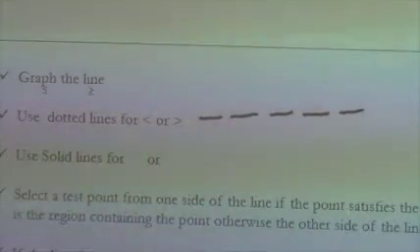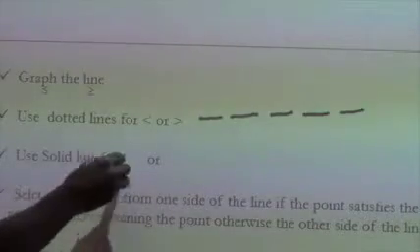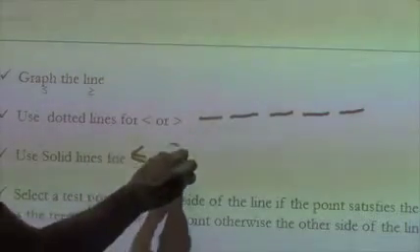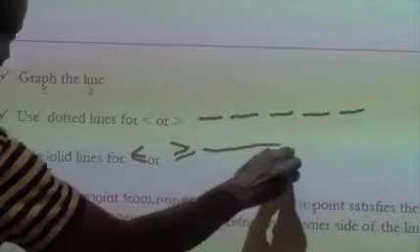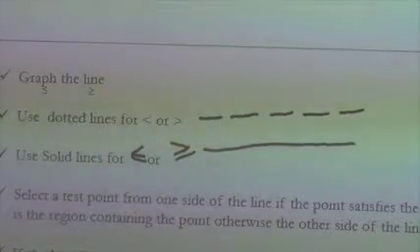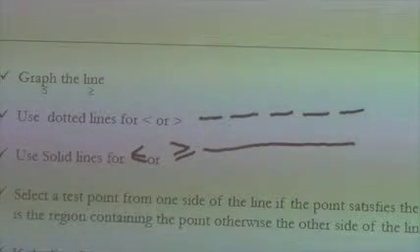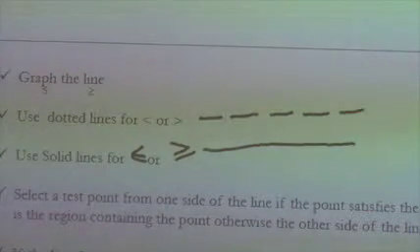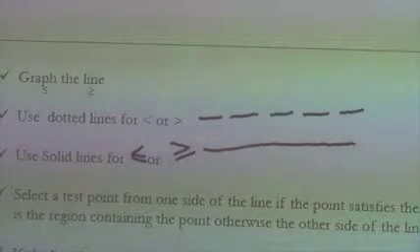We're going to have a solid line whenever we have less than or equal to or greater than or equal to. Our line will be solid, which means that any point on the solid line is a part of the solution, whereas a point on the dotted line is not part of the solution.